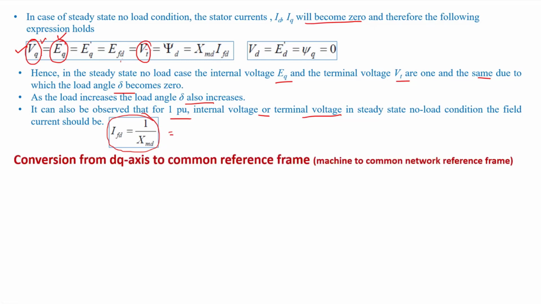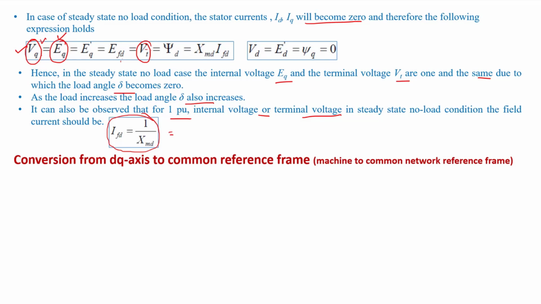Okay, so up to now we saw how in the DQ reference, the terminal voltage, voltage and current are expressed in the DQ reference frame, and what the internal angle is, all these things we discussed.